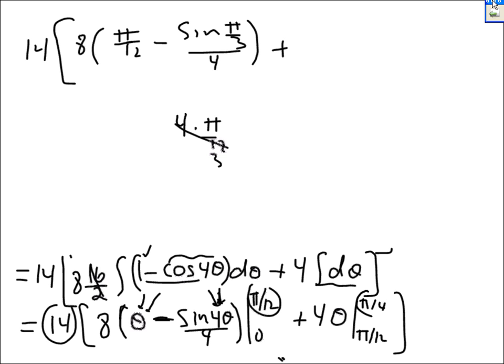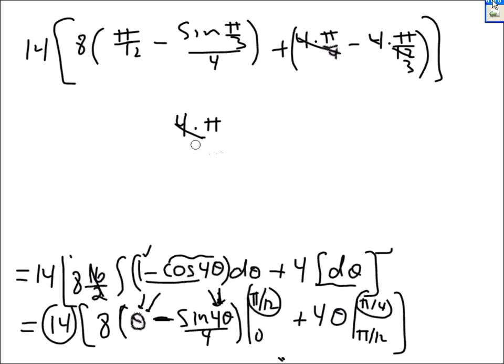4 theta. First I plug this in. I get 4 times pi over 4, which of course is pi, minus 4 times pi over 12, which is pi over 3. Close the big brackets. So let's see what we have here. Okay, so we have 1/4 times 8 times pi over 12 minus pi over 3 is 60 degrees.